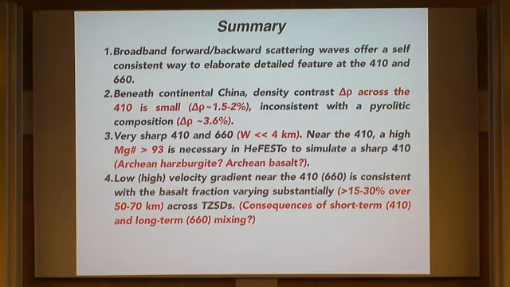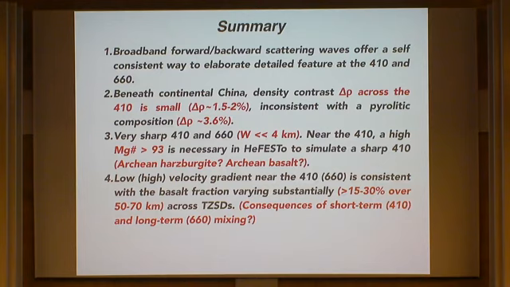And we give a very sharp 410 and 660, typically below 4 kilometers. Regardless of whether the mantle is dry or wet, we seem to require a much higher magnitude number, probably larger than 93.